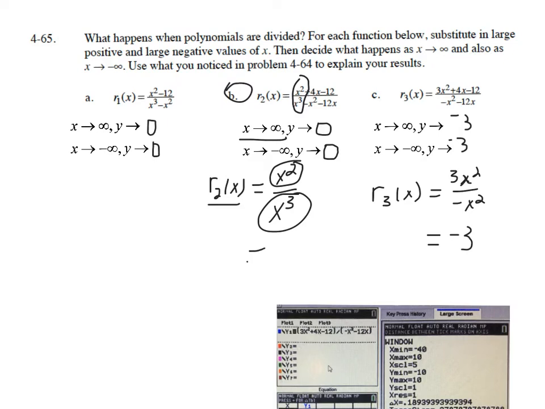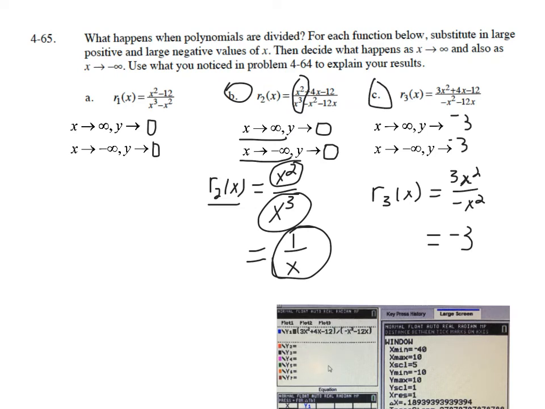Now you can see that if you actually take the time to reduce this fraction, x squared over x cubed will reduce to 1 over x. And what happens as x gets larger and larger? Well, this becomes an overall smaller and smaller number. It approaches 0. And what happens as x becomes a larger negative value? Well, this is going to become a value that gets closer and closer to 0.